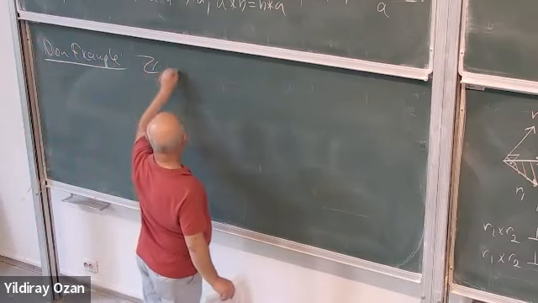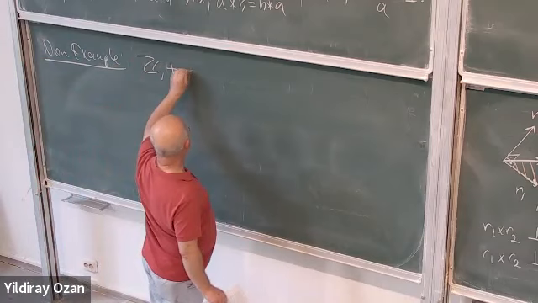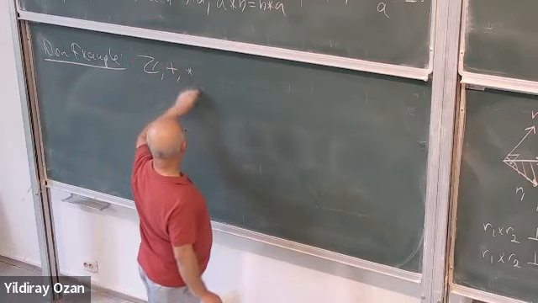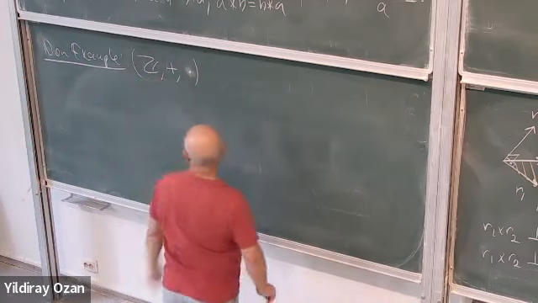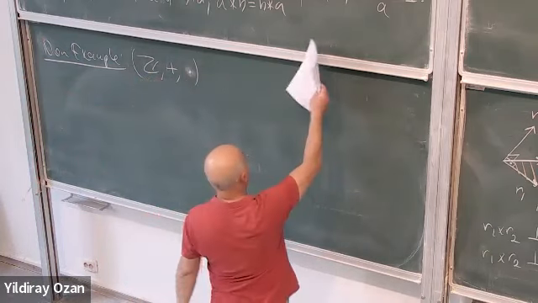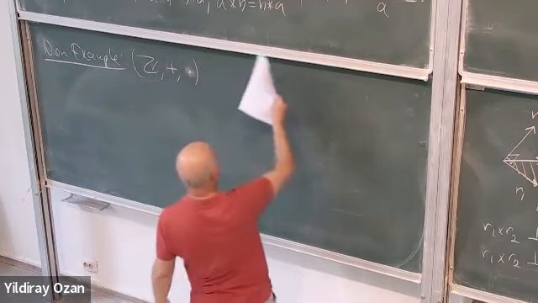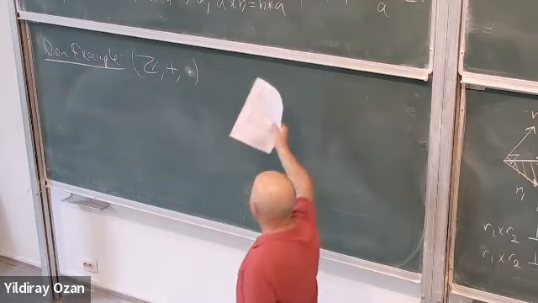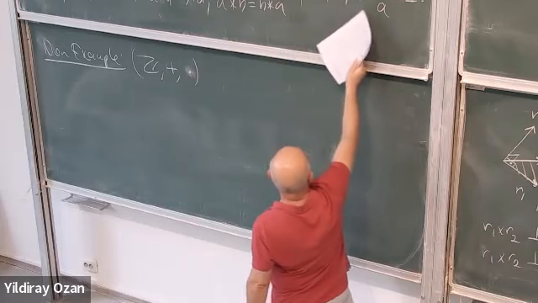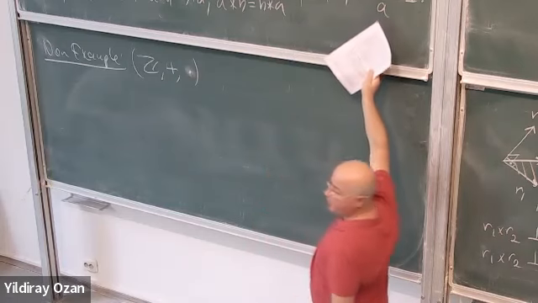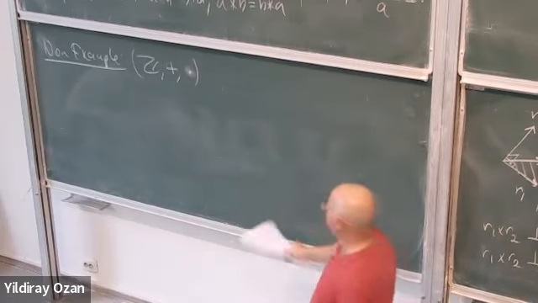Integers with addition and multiplication, usual addition and multiplication. Okay. It satisfies almost all the properties except that we don't have this one, right? An integer other than 0 doesn't necessarily have a multiplicative inverse, right?